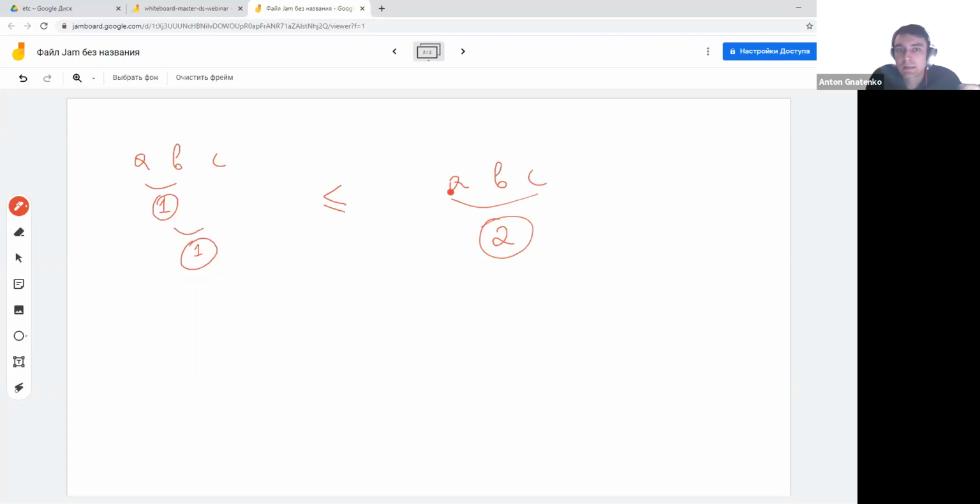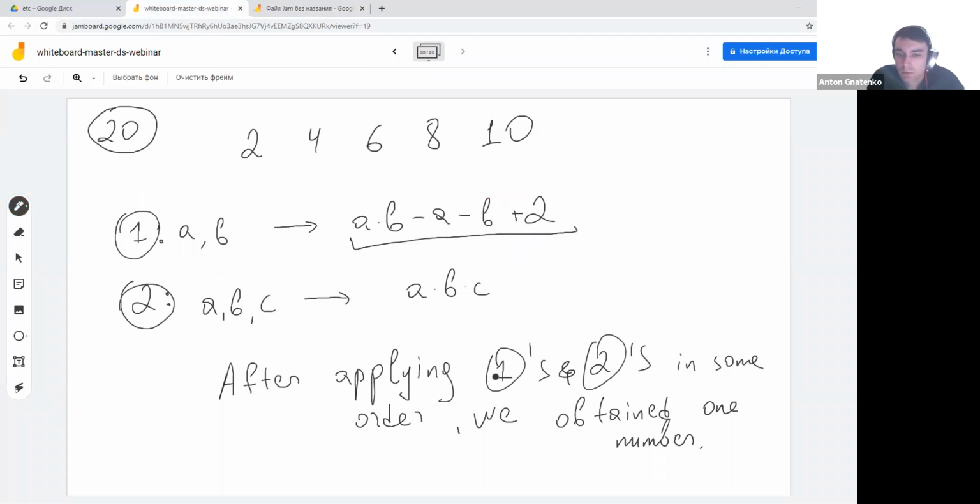So the thing is that if the sequence of the operations mentioned in the statement contained any operations number 2, then we can replace them with pairs of double operations number 1, and the result will not grow. The result of the whole sequence will not grow.